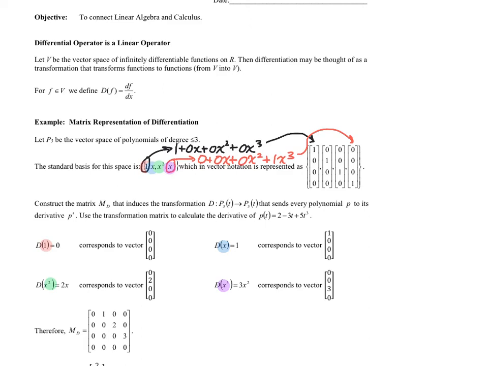So now we just got to quantify that, because this is really trying to say 0 plus 0x plus 0x squared plus 0x cubed.